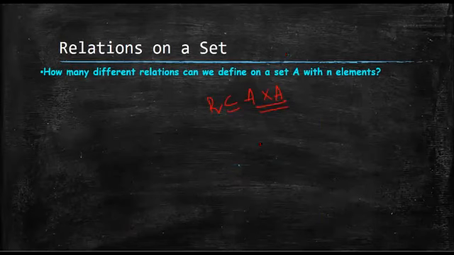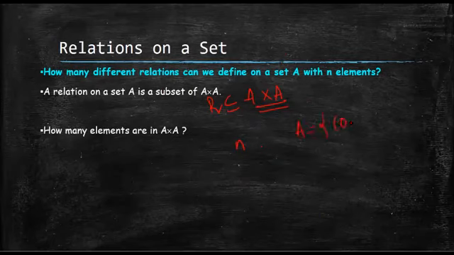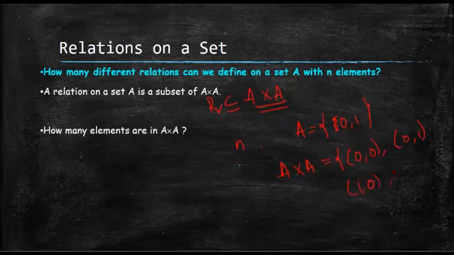So let's see that. A relation on a set A is a subset of A cross A. How many elements are in A cross A? If we have n elements in A, then how many elements will be there? Let's take an example. If the set A consists of 0 comma 1, then A cross A will be 0 0, 0 1, 1 0, 1 1.